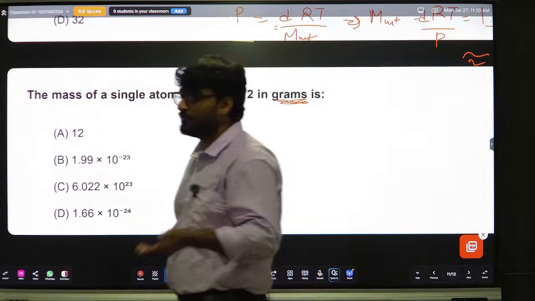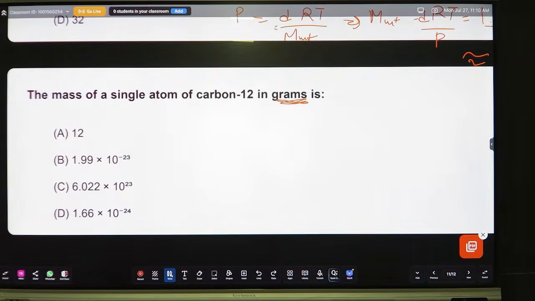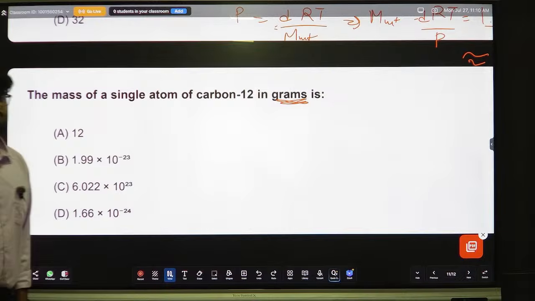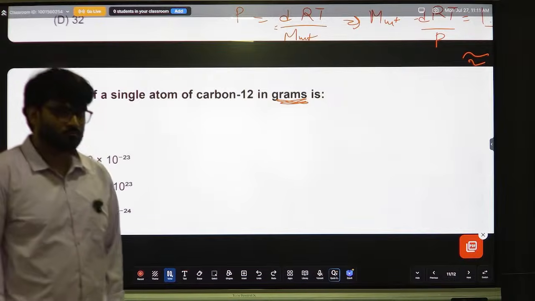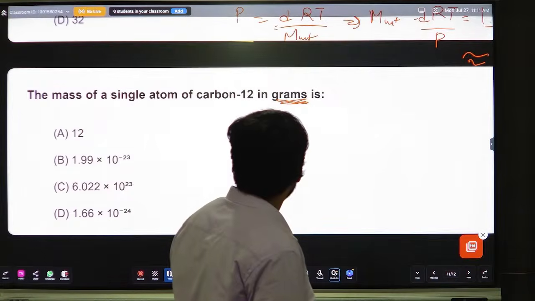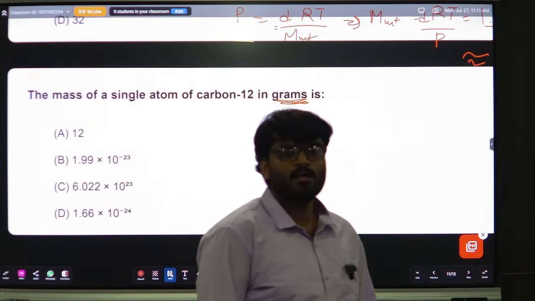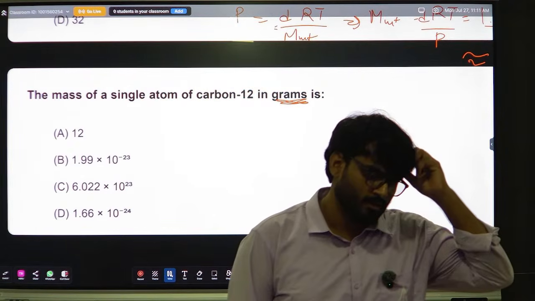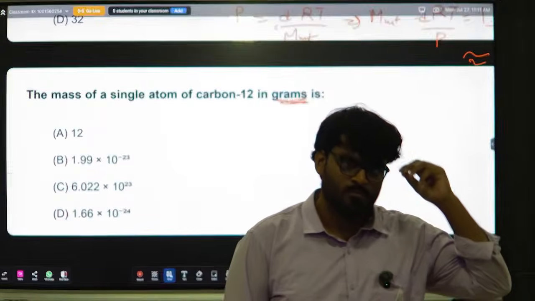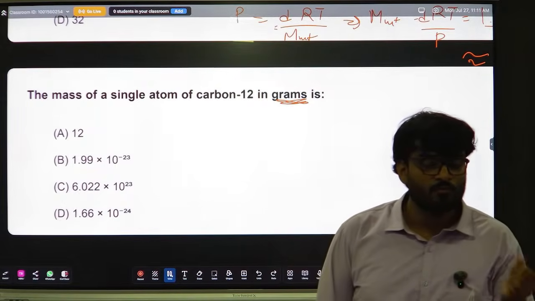Just find the W, the given mass. That's why you just remember the value of 1 AMU in grams and just click it. No, it's not like that.